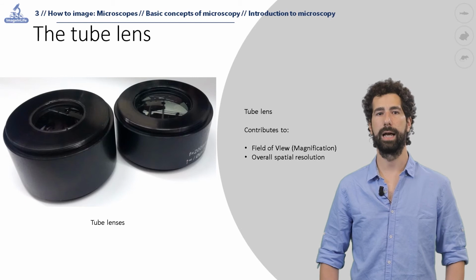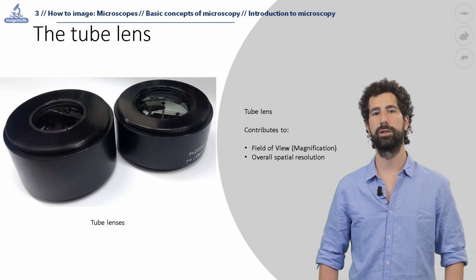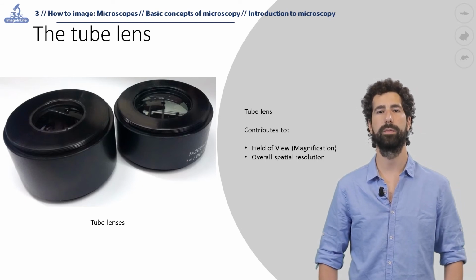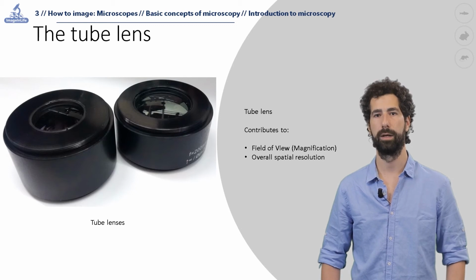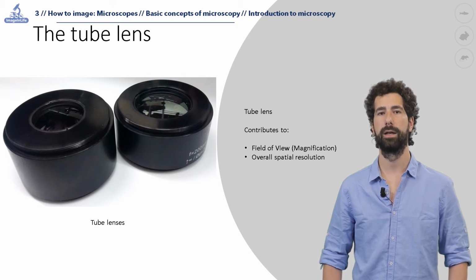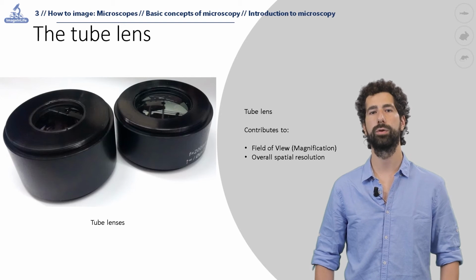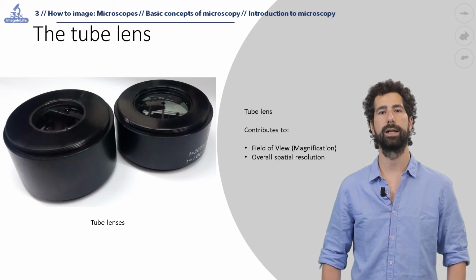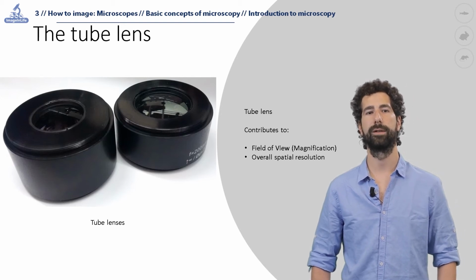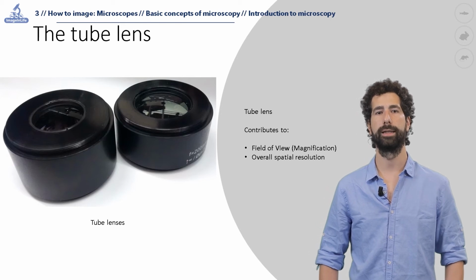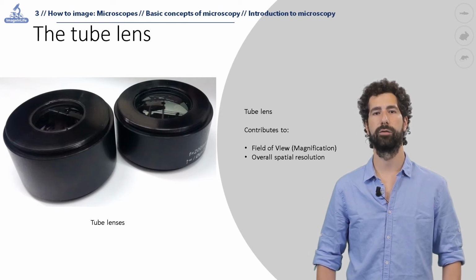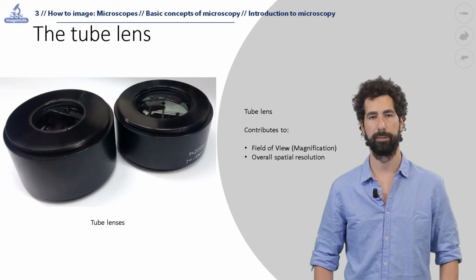After the collection of the light coming from the sample, the objective transfers the photons through a collimated beam to the so-called tube lens. This is a high-quality lens that will refocus the light onto the detector to form the final image. The ratio between the focal length of the tube lens and the one of the objective defines the overall magnification of the system.